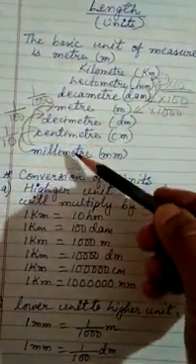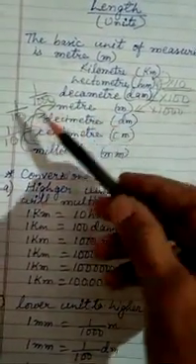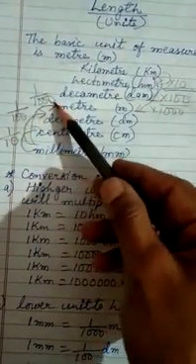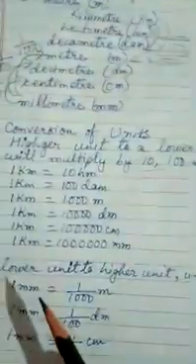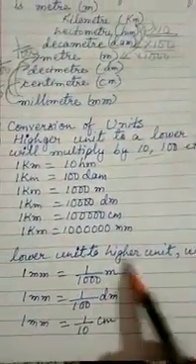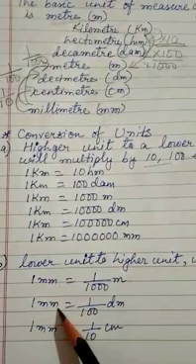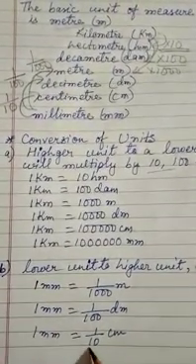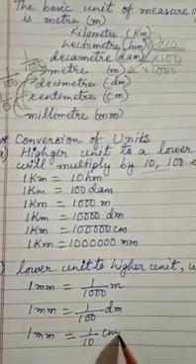Means from lower to higher unit we have to divide by 10, 100 and 1000. So 1 millimeter is equal to 1 by 1000 meter, 1 by 100 decimeter, and 1 by 10 centimeter.